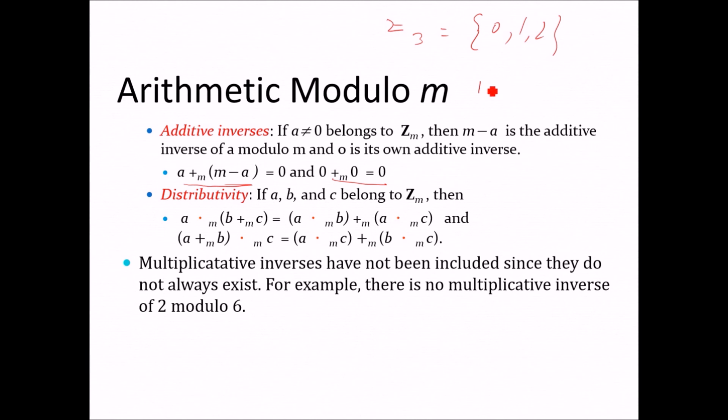So what is the inverse of 1? 3 minus 1, that is 2. Now add both 1 and 2, we have 3. Now divide 3 by 3, the answer is 1 and the remainder is 0. So the inverse of 1 under addition modulo 3 is 2. That is, the inverse of a under addition modulo m is equal to m minus a. Right? Now I hope you got it.